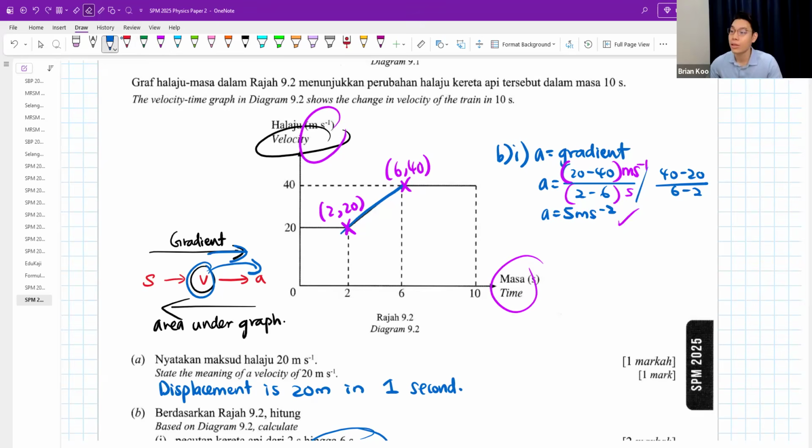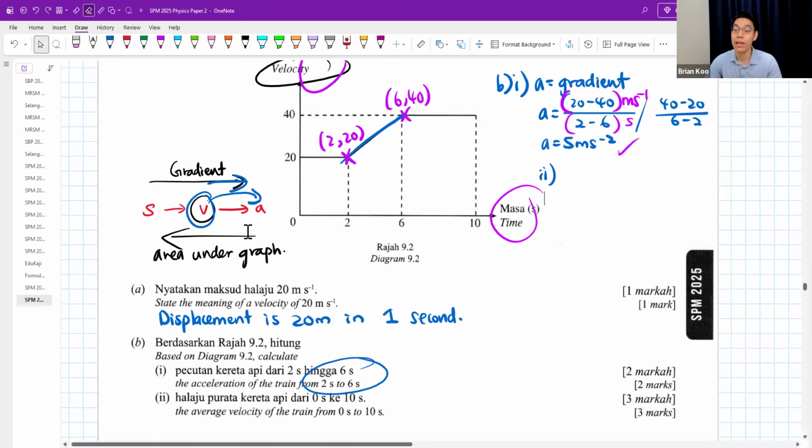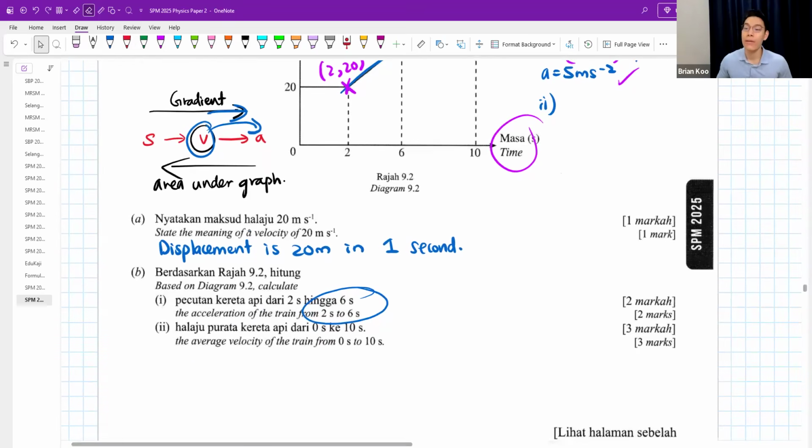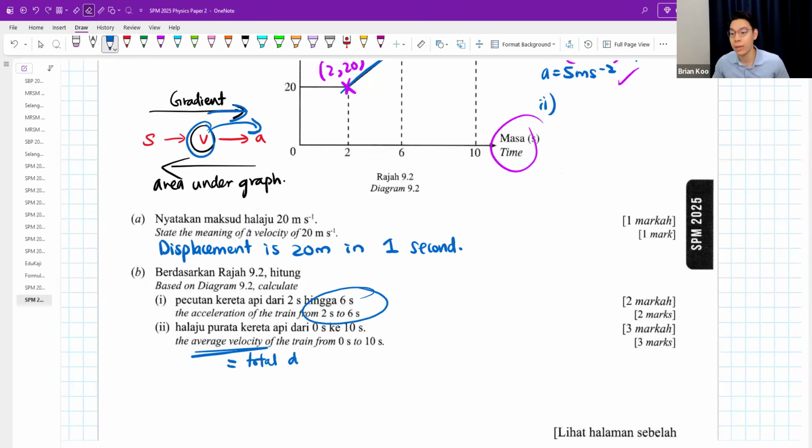And then part 2, find the average velocity of the train from 0 to 10 seconds. Now, average velocity is a little bit tricky because it is equal to the total displacement divided by the total time.